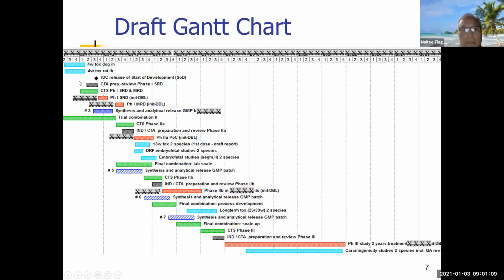And so we have to start with the toxicology studies, and we will also have to look at different drug supplies and drug products and things like that. If the drug gets into clinical in the third or fourth quarter of 2022, then all the activities before that are what we call the preclinical stage.